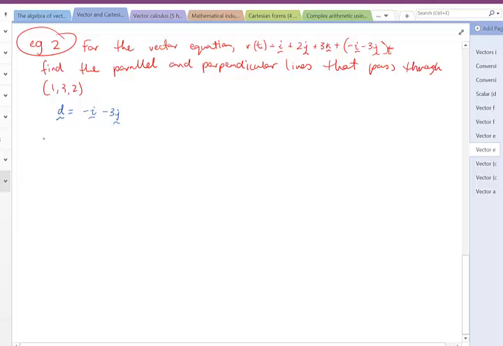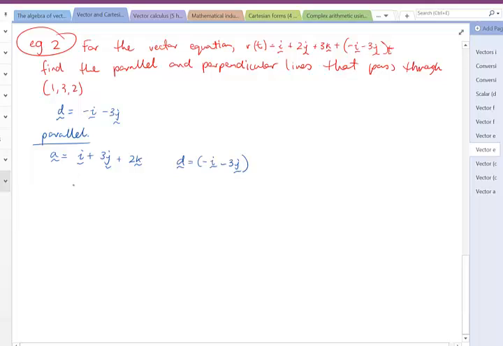For the first one, for the parallel line, we should know that a is equal to i plus 3j plus 2k, because that point 1, 3, 2 can be the starting point. And because it's parallel, then d will just be equal to that -i take 3j.